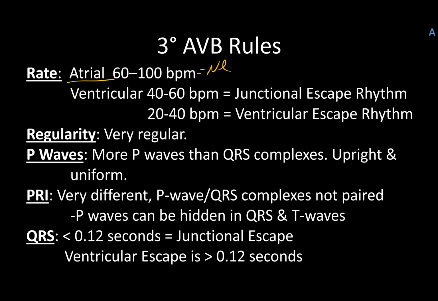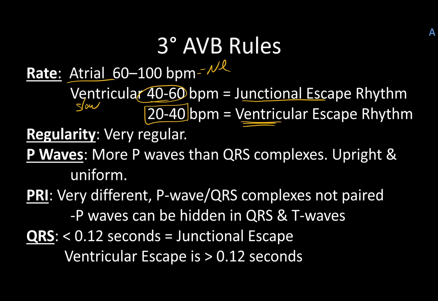But with your ventricles, ventricular rates, they're going to be slow, definitely bradycardic, but the speed at which they're bradycardic is definitely going to be a factor. If you're sitting in that 40 to 60 range, you're probably dealing with a junctional escape. If you're lower, let's say 20 to 40, it's likely to be a ventricular escape.